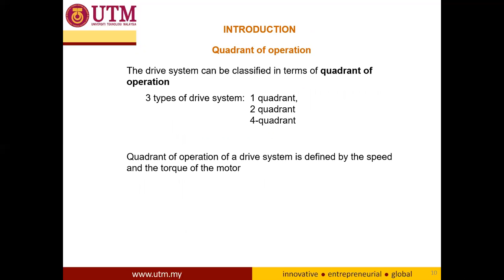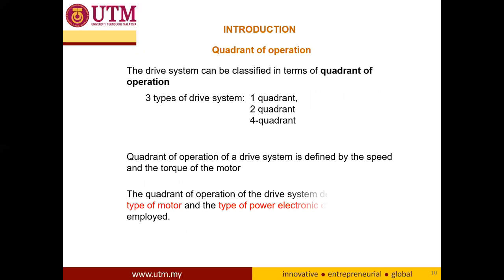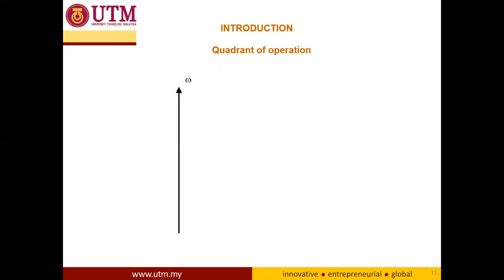So what is actually the quadrant? It's defined by the speed and the torque of the motor. We can divide the quadrant into 4 regions depending on the sign of the speed and the sign of the torque.